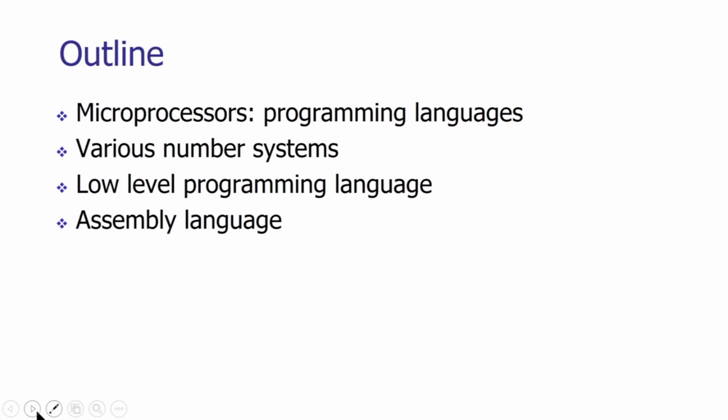After that, we will see what is the meaning of assembly language. To understand the syntax of the assembly language, we will solve an example, we will carry out a case study.